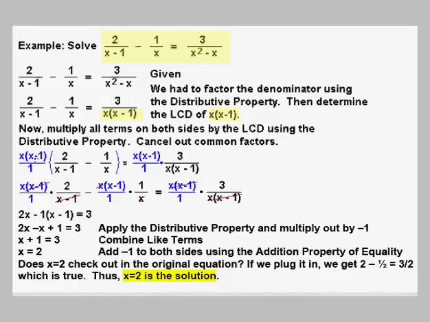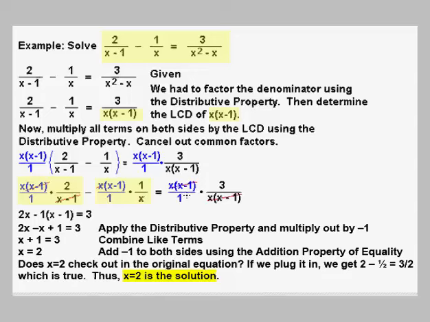We multiply both sides, and by the distributive property we have to multiply each and every term. So on the left we multiply 2 over x minus 1 times x minus 1, and you can see the x minus 1's cancel. We multiply 1 over x by x times x minus 1, and the x's cancel.